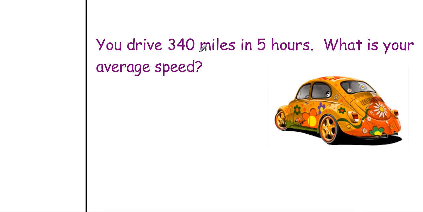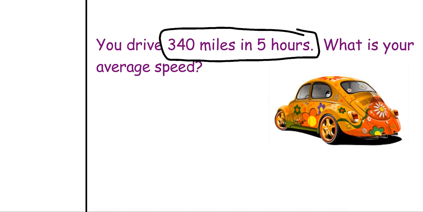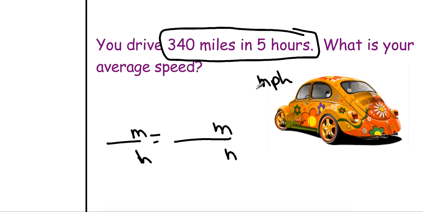In this case, you drive 340 miles in 5 hours. What is your average speed? Well, here it is. Again, we set up our proportion. Miles and hours. Miles and hours. And you've heard this before, miles per hour, and you've even seen it, MPH, miles per hour. It's a rate. 340 miles in 5 hours.